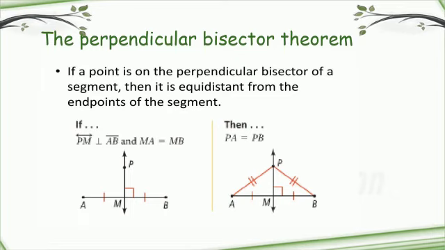Since PM is perpendicular to AB and MA is equal to MB, this line is a perpendicular bisector and P is located on this line, so PA is equal to PB. So, end of this theorem: any point located on the perpendicular bisector is equidistant from the extremities of the line or segment.